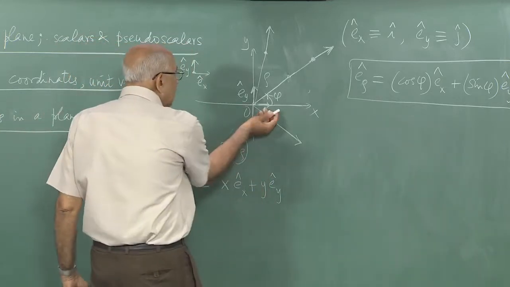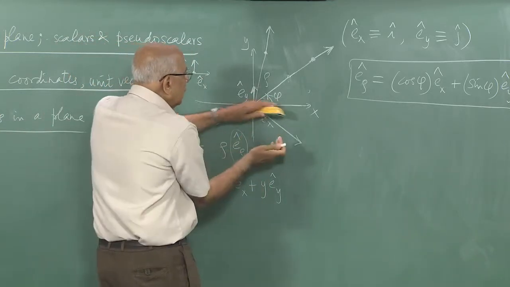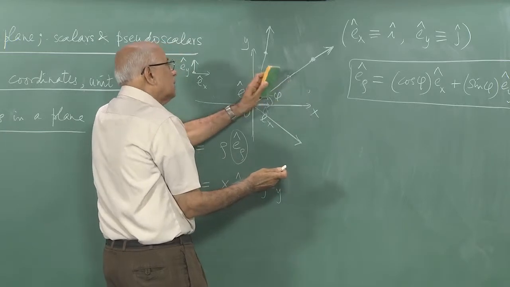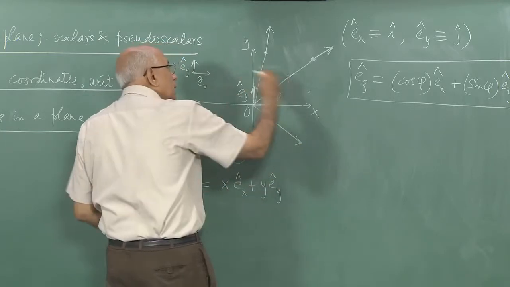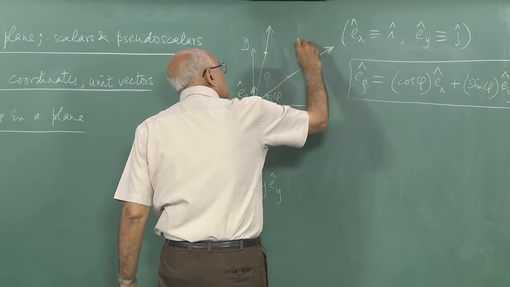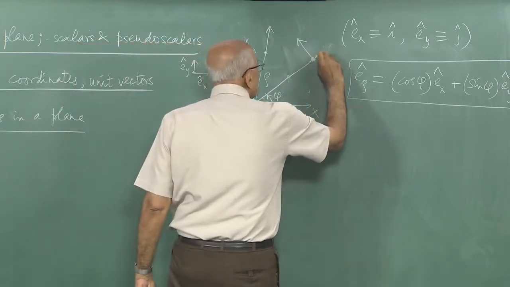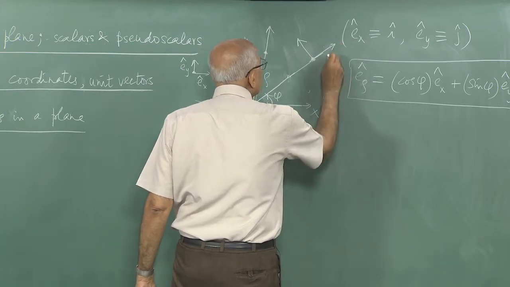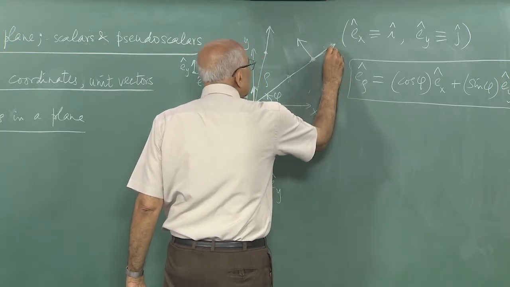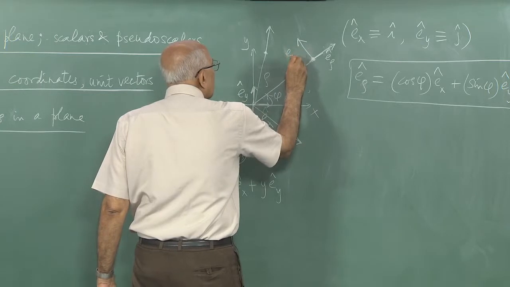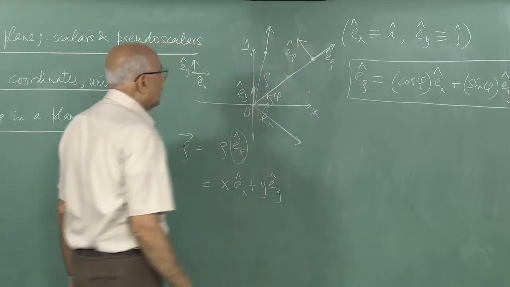But this azimuthal angle is measured from this line in the positive sense, and therefore when you increase it, it should move in this direction here, perpendicular to E sub rho. So if this is E sub rho, the unit vector that is perpendicular to it is E sub phi.